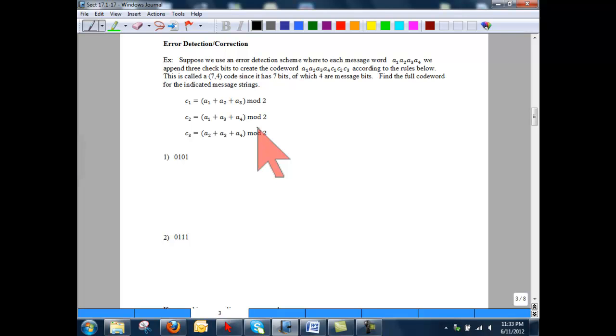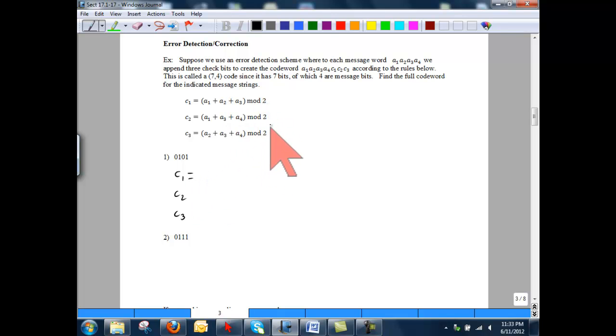If I want to send this message, what is the full code word? In other words, what check bits do I need to add on the end to make this a full code word? Okay, I need to figure out 3 check bits. There is a C1, a C2, and a C3.